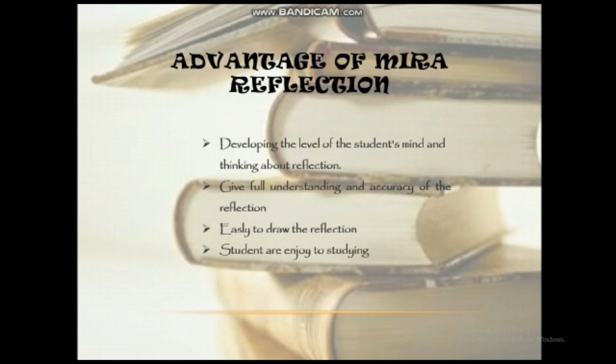And then, keeping all information in the students' minds for a long time. Next, making the students perform the activities on their own, and then developing the students' minds. And the last is giving full understanding and accuracy of the lesson.